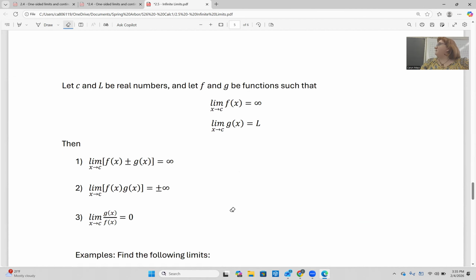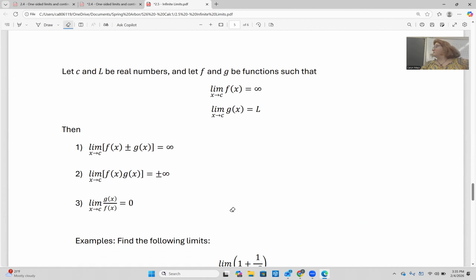So then we get a list of rules. And ultimately, once again, whenever we get these lists of rules, by and large, they're going to act the way we think they're going to. So say f of x goes to infinity, but g of x goes to some finite number. Well, if I take infinity plus a finite number, that's still infinity.